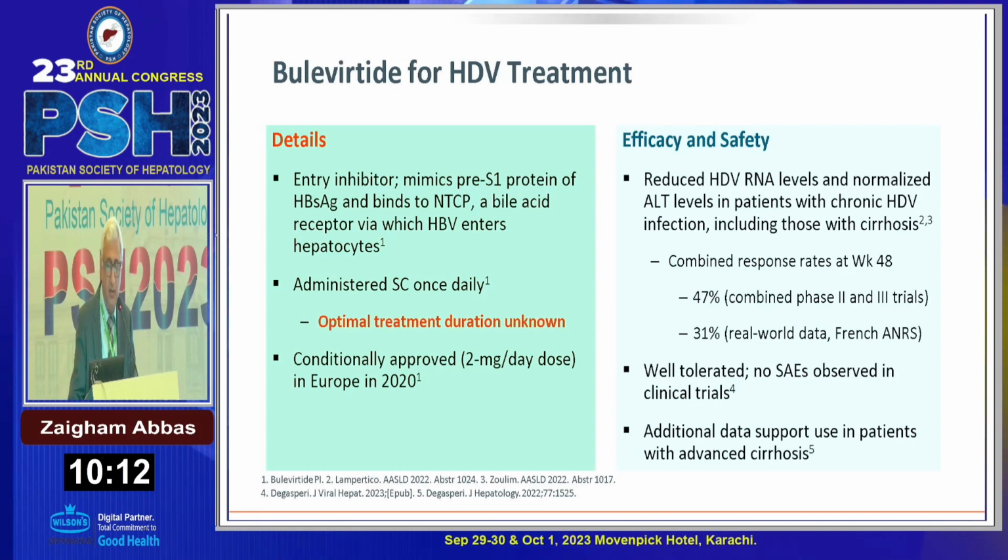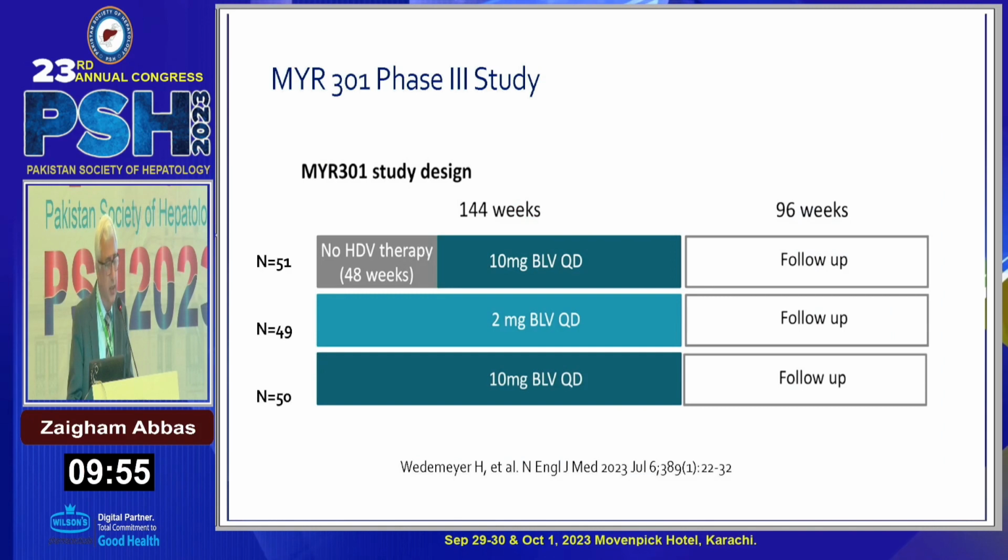And the composite response in the phase 2 and phase 3 studies shows about a 47% response rate. But in actual real world experience, this is about a 31% composite response rate. This is an ongoing study, the MYR301 phase 3 study.